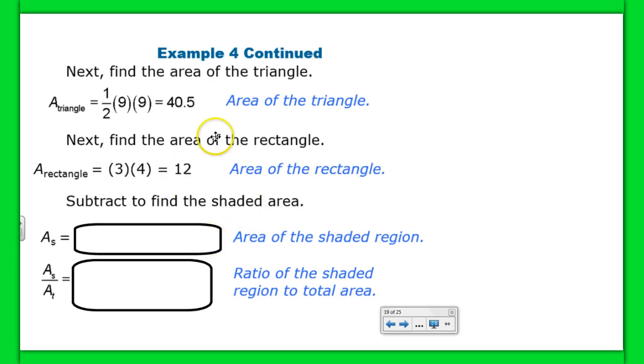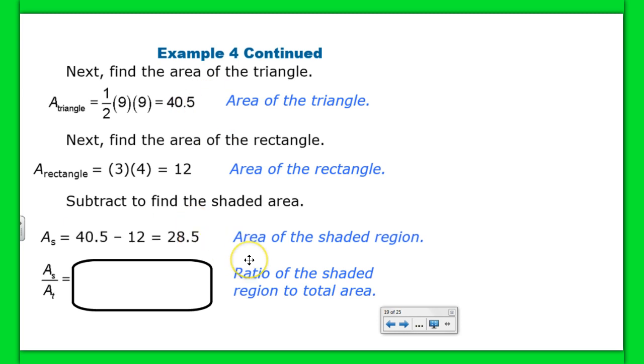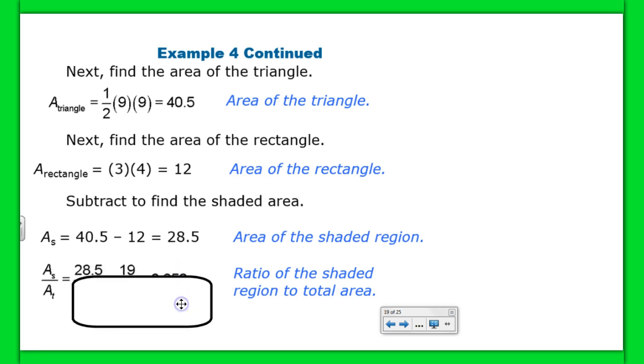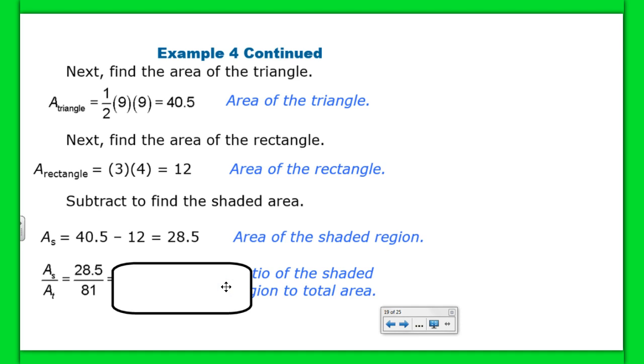Subtract that from the shaded area, 40.5, and we have 28.5. So the shaded area over the total area gives us the probability that we would find that point, right, which is 19 to 54, or 352 thousandths.